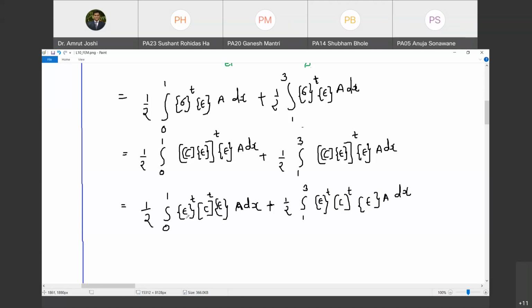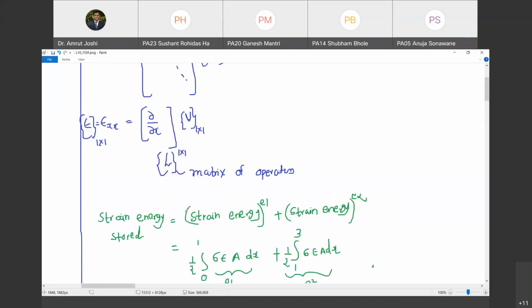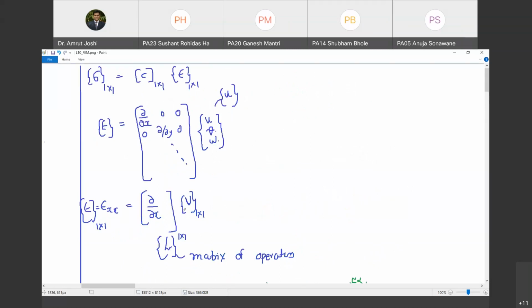Now, how do I replace this epsilon in terms of displacement?